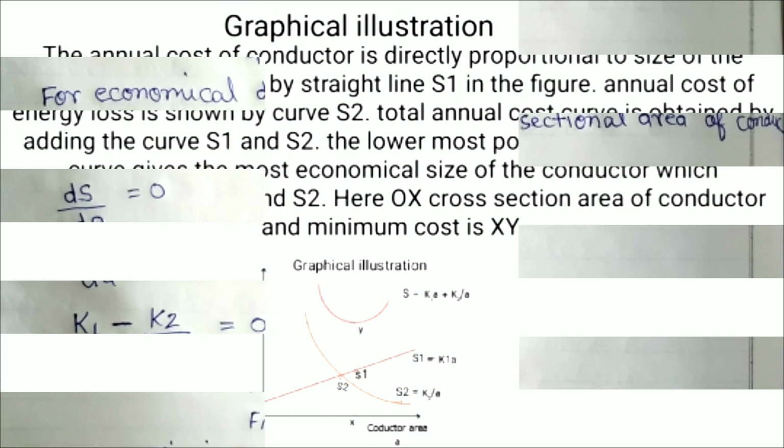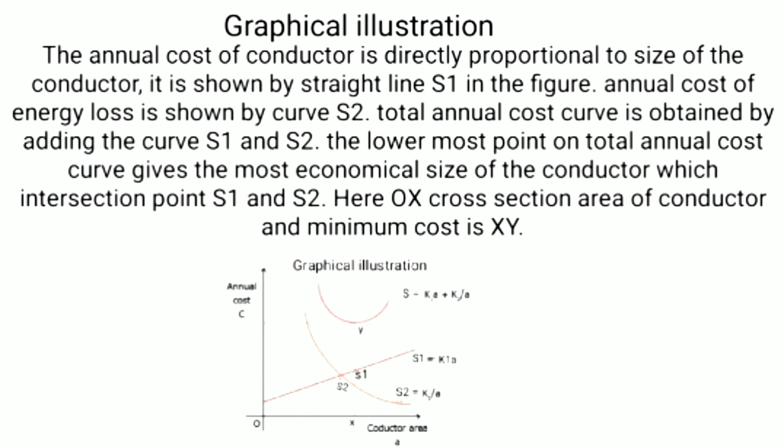Next, we will do the graphical representation. The annual cost of the conductor is directly proportional to the size of the conductor. It is shown by the straight line S1 in the figure. Again, the annual cost of energy loss is shown by curve S2. The total annual cost curve is obtained by adding the curves S1 and S2.